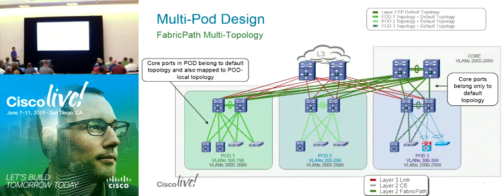You will have a set of local or pod-specific VLANs in each of the pods, and you will have DC-wide VLANs, right? So some of those VLANs are spread across all of the pods.